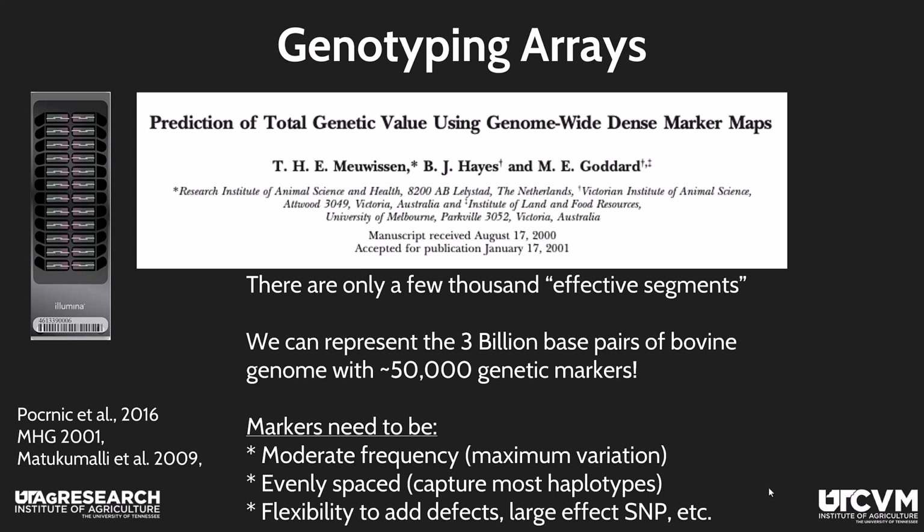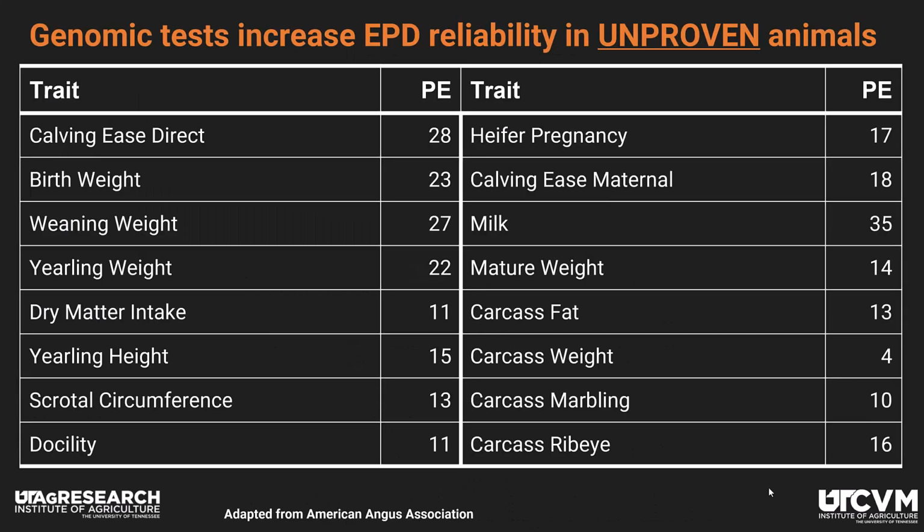What that allows us to do is go in and account for all of the effective segments that exist that are related to these complex traits and develop genetic prediction models that integrate those in. And at the end of the day, another progeny equivalent table here, it increases the accuracy in unproven animals to the same degree that a full calf crop's worth of information would flowing into that genetic evaluation.